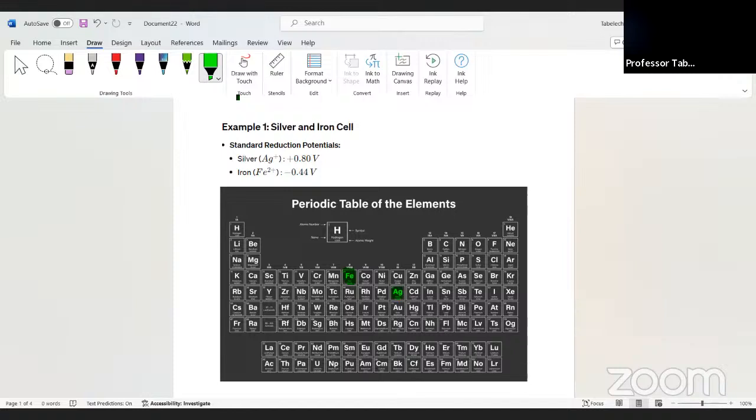And because silver is further right, we know, based on what we just talked about, silver is going to be the cathode. So in other words, the more positive the number is, or the higher the number is, it is going to be the cathode. And the lower or more negative the number, it's going to be the anode.